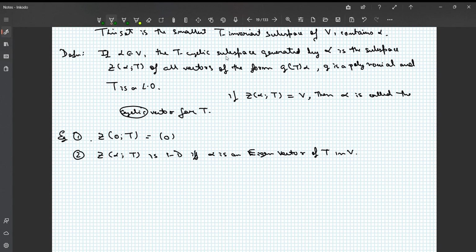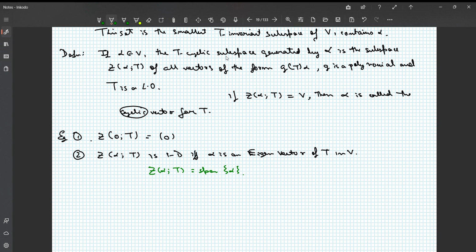Just see what happens. If Z alpha T is one dimensional, then Z alpha T is the span of the vector alpha, because alpha must be inside Z alpha T at any cost, the way it has been defined. So every element inside Z alpha T is some scalar multiple of alpha.